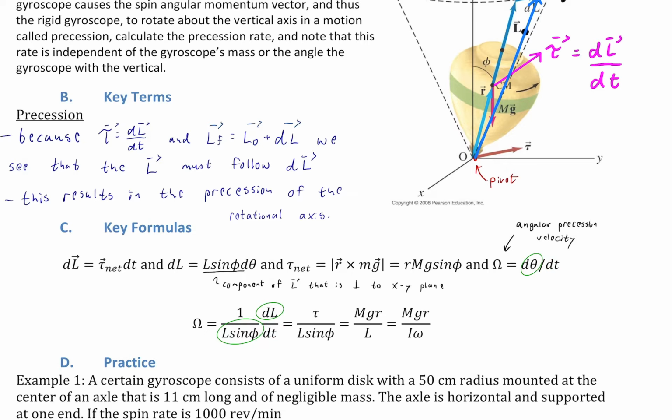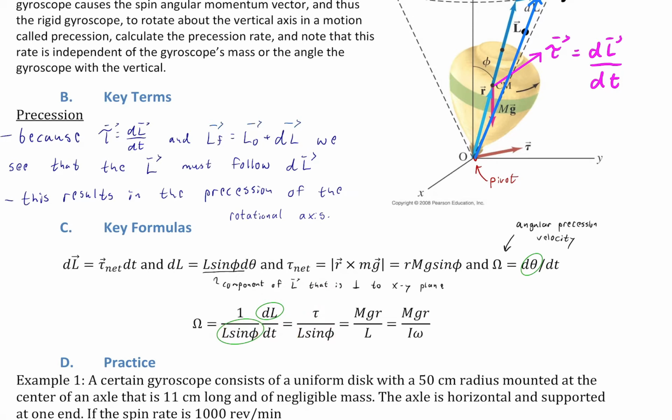So then we can say that's also going to be equal to torque over L sine phi. Why is that? Well, because we have then that torque is dL over dt. See? All I've done is just replace dL over dt with torque. And the L sine phi is just along for the ride, okay?